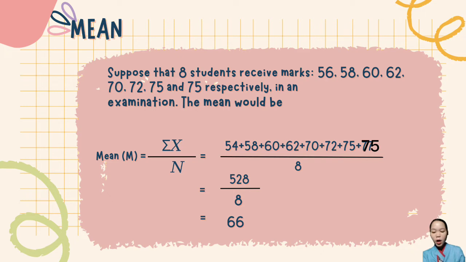First, we will put the marks of 8 students and add them, and then divide it by 8. So 56 plus 58 plus 60 plus 62 plus 70 plus 72 plus 75 plus 75 is equal to 528. So 528 divided by 8 is equal to 66. Therefore, the mean is 66.